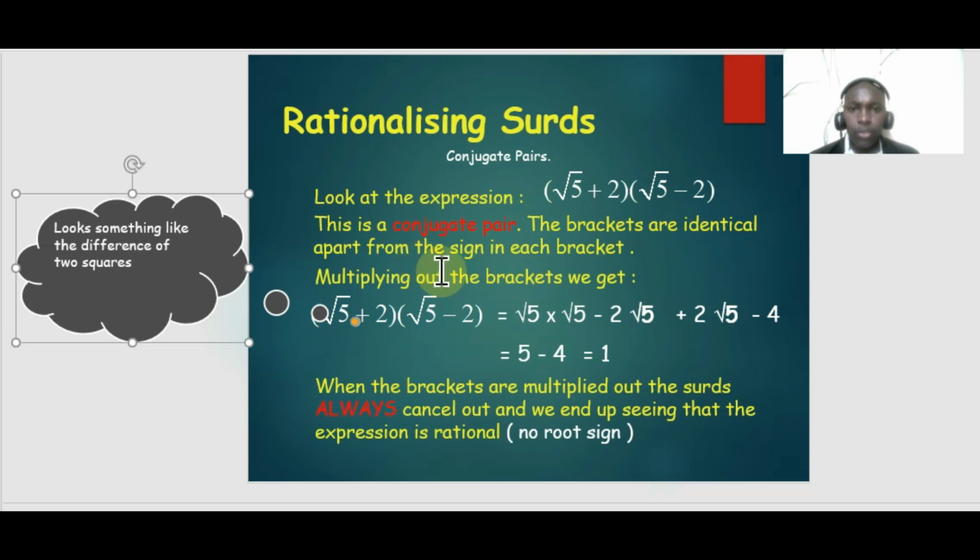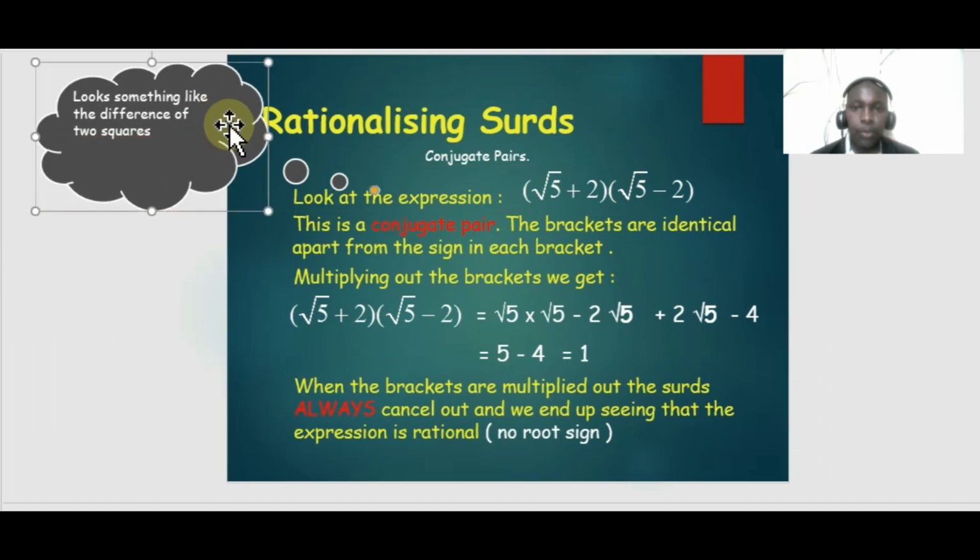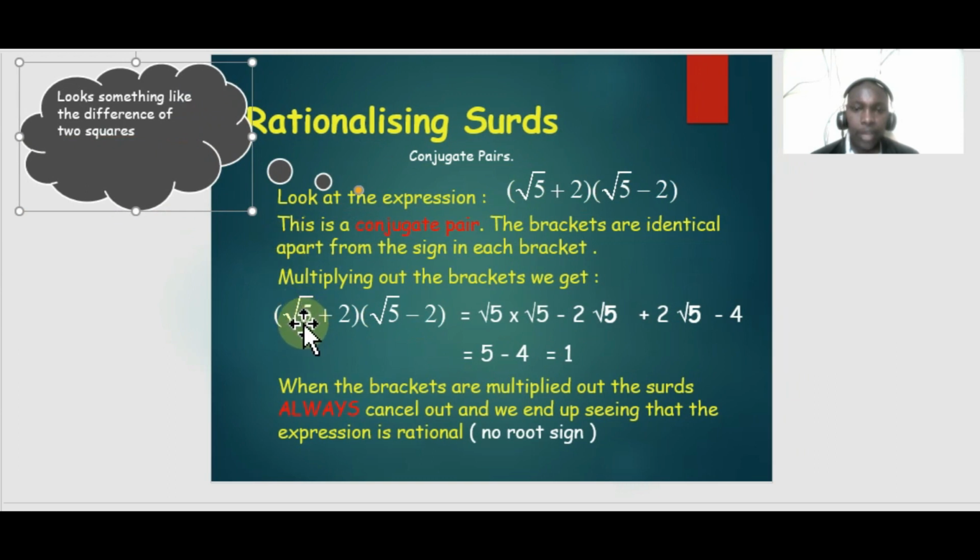So when you want to work out this one, I said we can just go the long way by expanding, or by just remembering that this one is a difference of two squares. So to multiply these, we just take root of 5 multiplied by root of 5 will give us this we have here. Then root of 5 times negative 2 is the one that you have here.